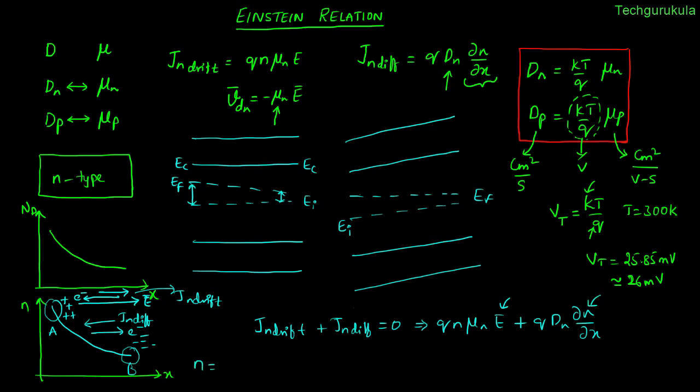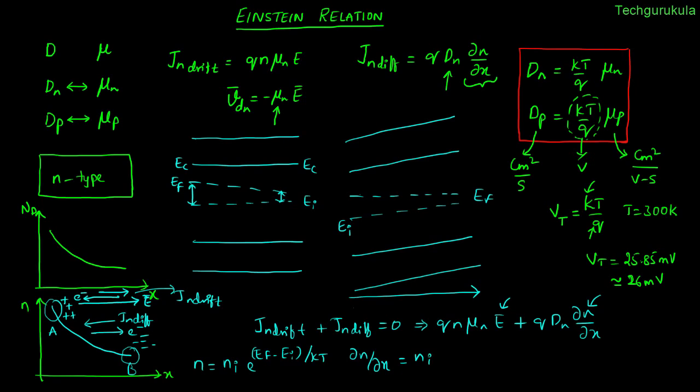And for sure we know what is n, which is given by Ni times e power (Ef minus Ei) over kT. So we can write del n over del x. Now in this case we can see Ef is not changing with respect to distance, which means Ef is not a function of x, but Ei is changing with respect to x, the distance. So Ei is a function of x.